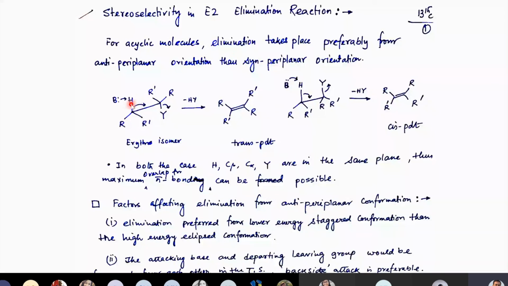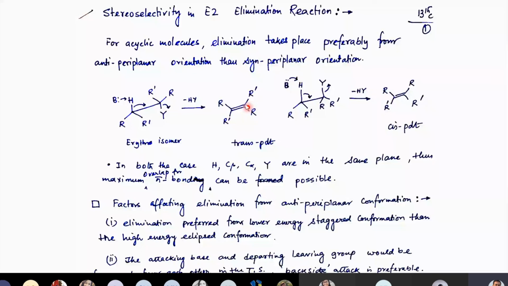Okay, what is anti-periplanar? Anti-periplanar is when your C-H is on one side, C-Y is on the other side. And periplanar means they have to be in the same plane. H, C, C, Y, these four have to be in the same plane. Why? Because we are generating a double bond. That means we have two p orbitals involved here.